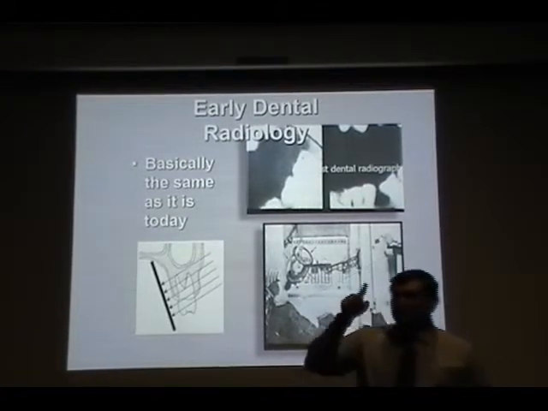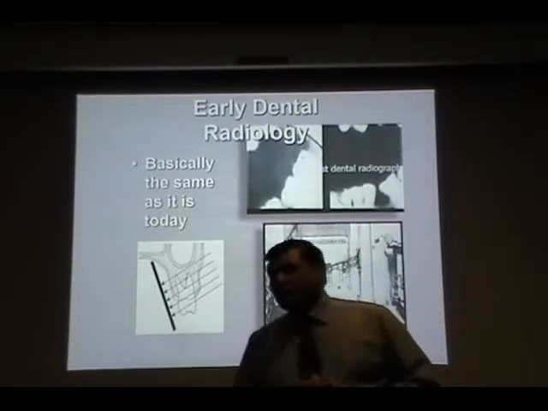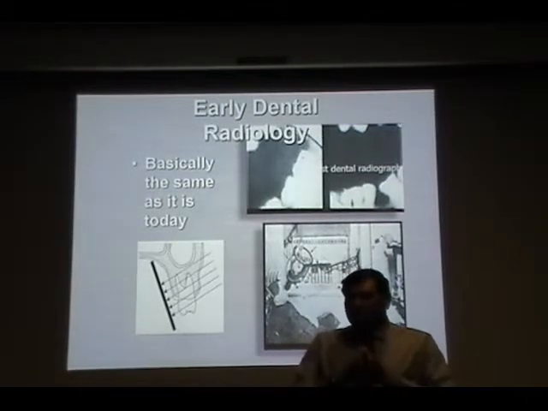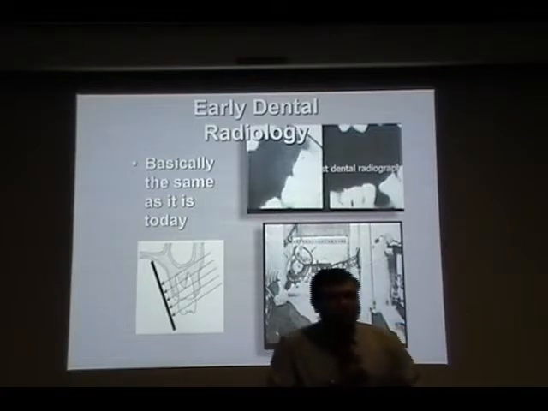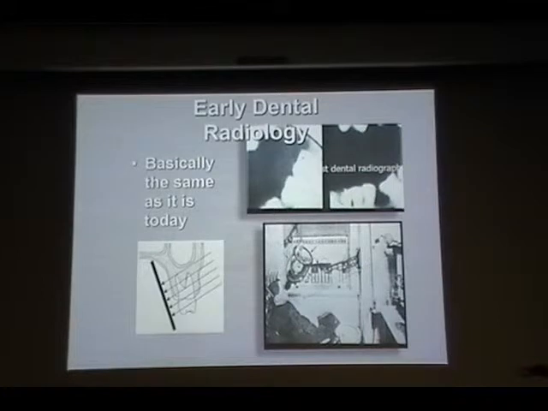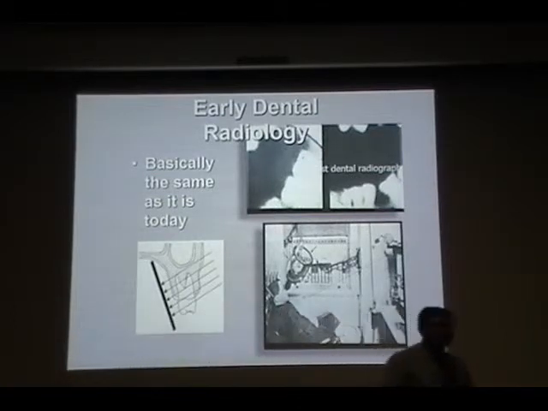E speed is Ektaspeed, which is what Kodak used to produce, and then F speed film. Then some extra development came, like PSP plates or phosphor plates. And what we are using in the school is direct digital sensors, which we discussed last week, right? Digital sensor, CMOS, CCD.